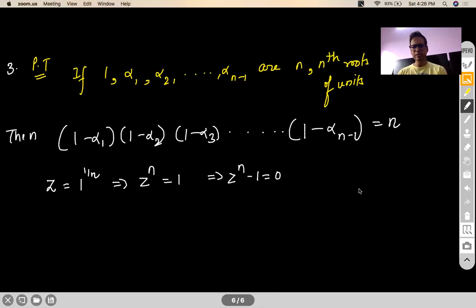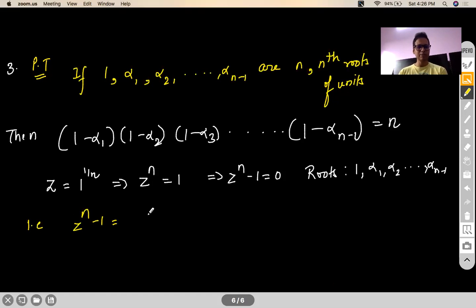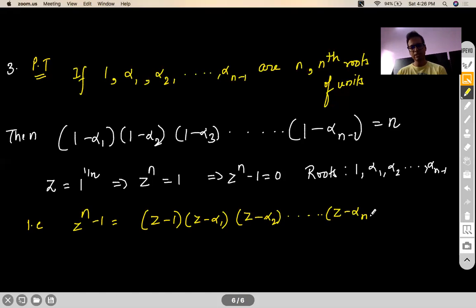So these equation's roots are 1, alpha 1, alpha 2 till alpha n minus 1, correct? In other words, can I say z to the power n minus 1 can be factorized like this? Because we know that the roots of this equation are 1, alpha 1, alpha 2 till alpha n minus 1, isn't it? Now what I'm going to do is bring this z minus 1 down.